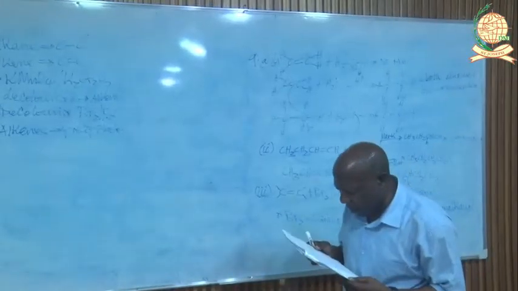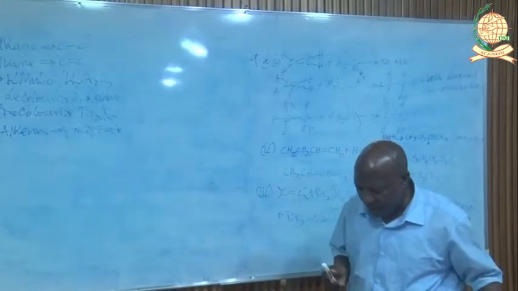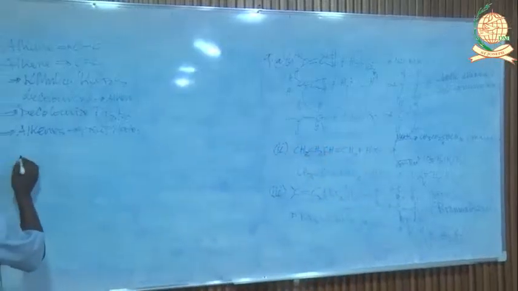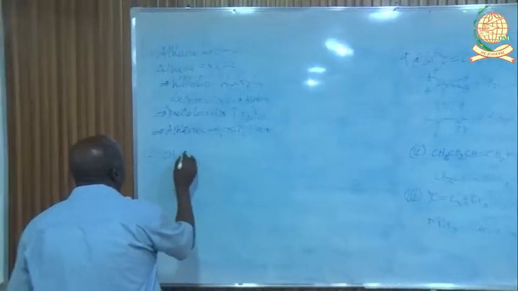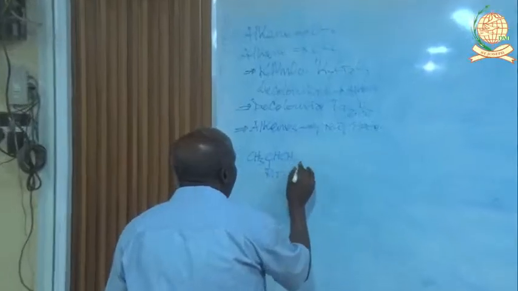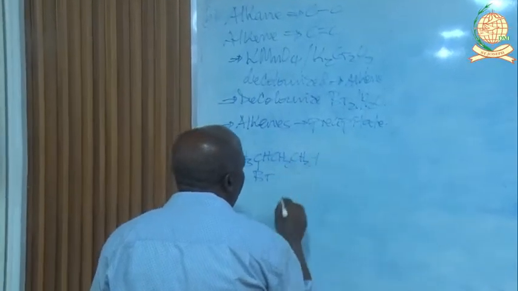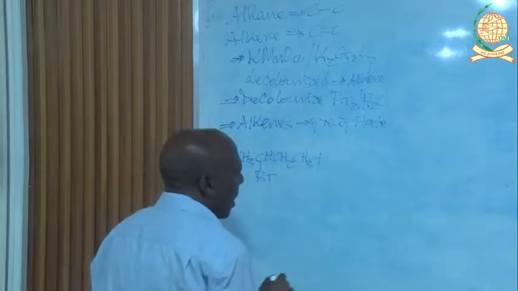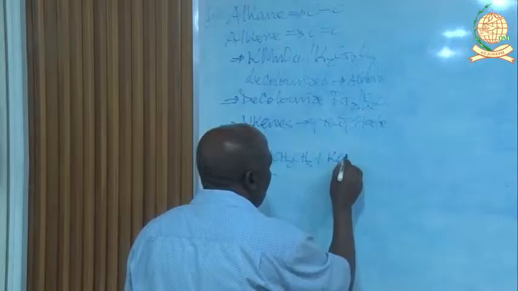Question number 9C. Give products that will be obtained when 2-bromobutane reacts with each of the following. 2-bromobutane, that is CH3CH, Br, CH2CH3, plus, now, one is aqueous potassium hydroxide.